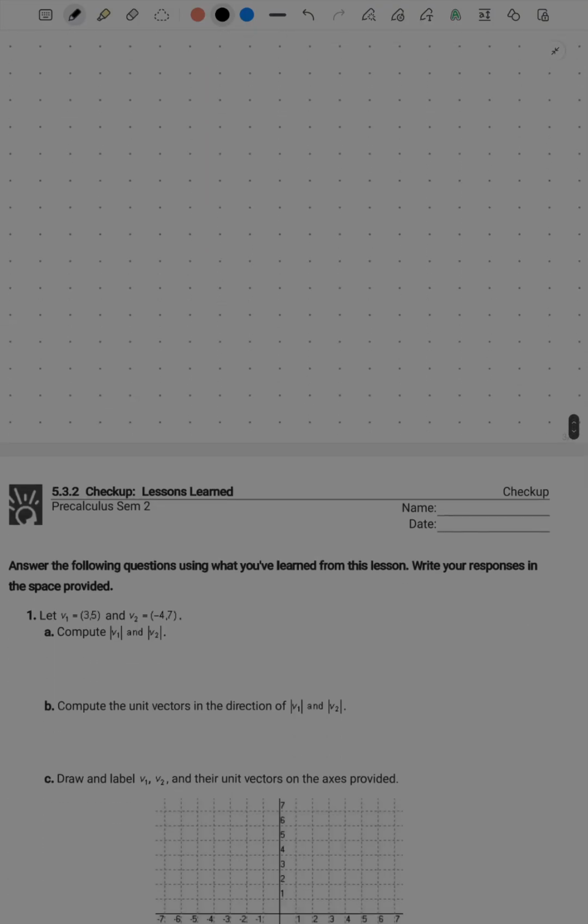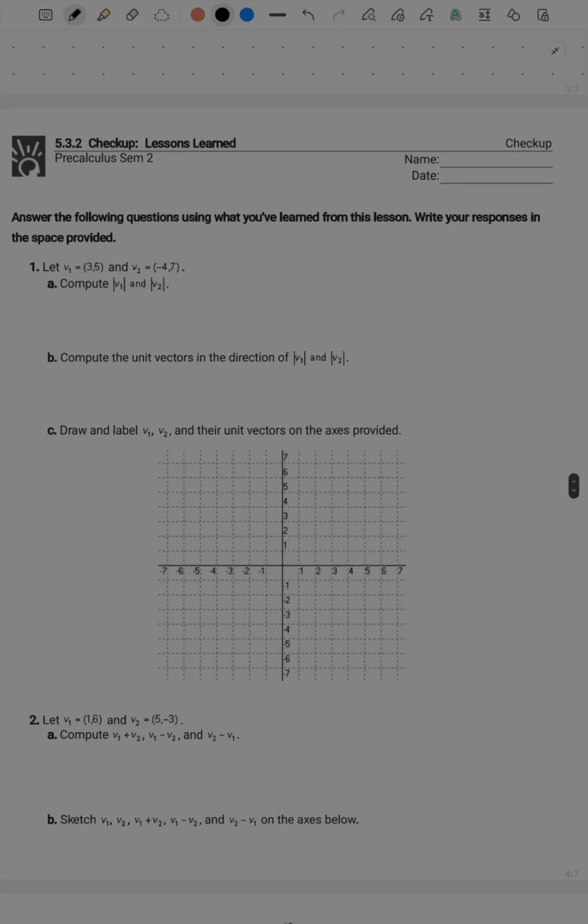Anyway, if we come down here to your worksheet, the first thing it says is how to do the magnitude. Again, it looks like an absolute value sign, but remember we're just going to be doing the Pythagorean theorem.